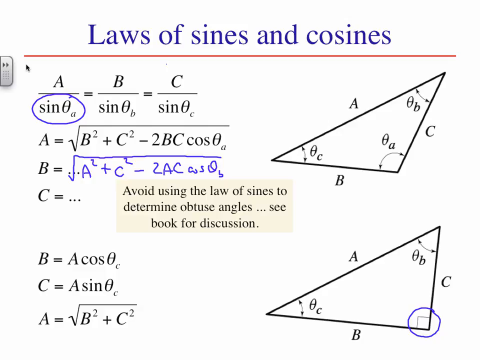We can see directly then from the law of sines that B is equal to A sine theta B, and that C is equal to A sine theta C. Because the triangle is now a right triangle, it is also the case that theta B and theta C are complementary angles. That is, theta B is 90 degrees minus theta C, and that means that sine theta B is equal to cosine theta C.